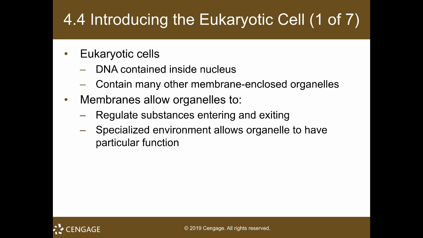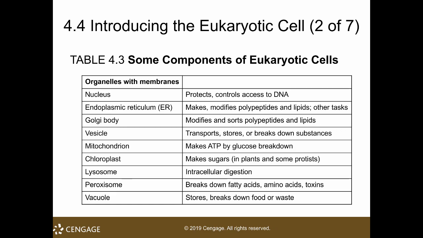The interior of that can be very acidic or very basic depending on the need. That is separated from the rest of the cell so that it will not affect other proteins or other materials inside the cell.